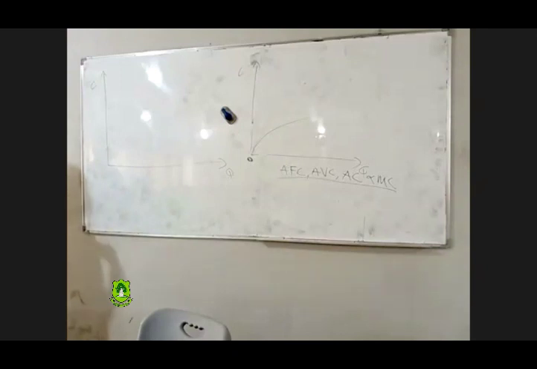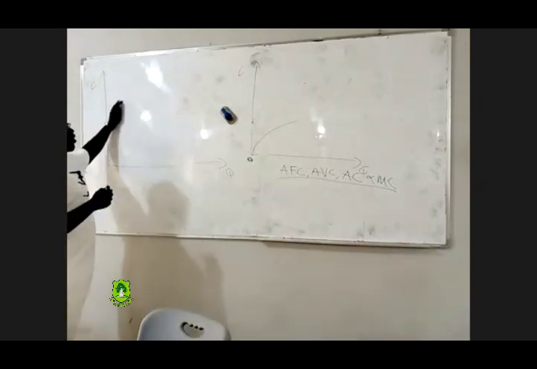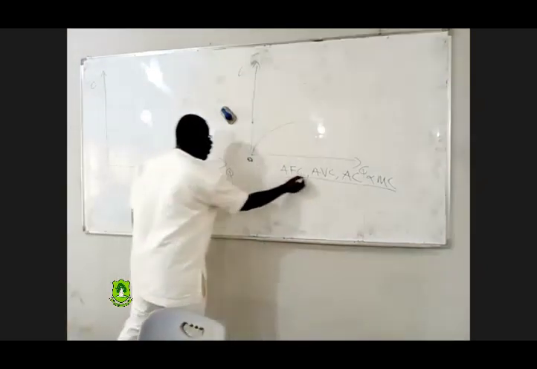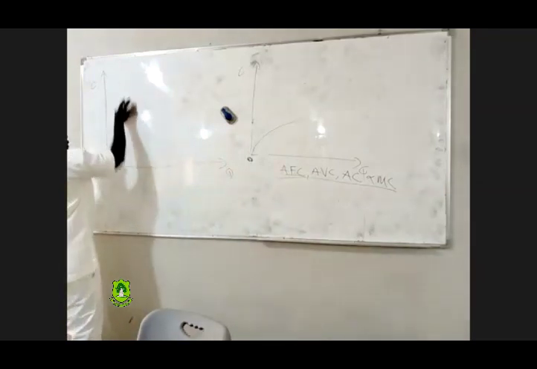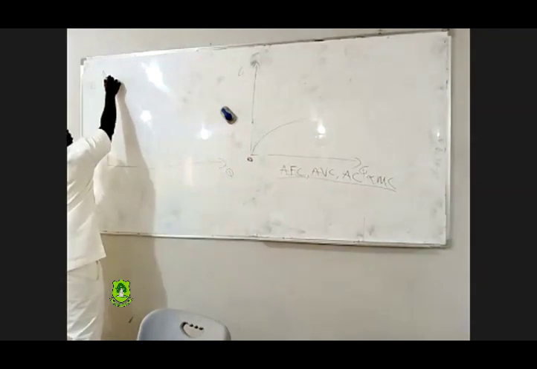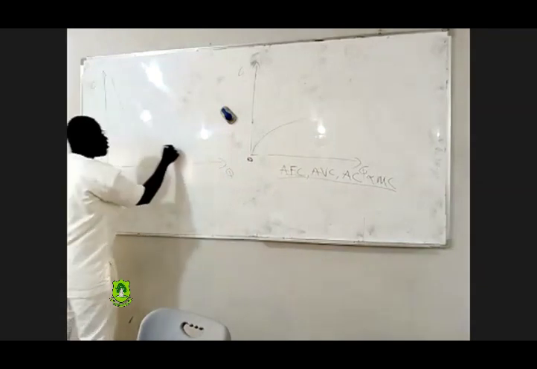Okay. Those online, what are you projecting? They are seeing the excellent. So for those online, we said that we have the average fixed cost, which we know is fixed cost per unit of output. And when you plot the curve, it decreases continuously.